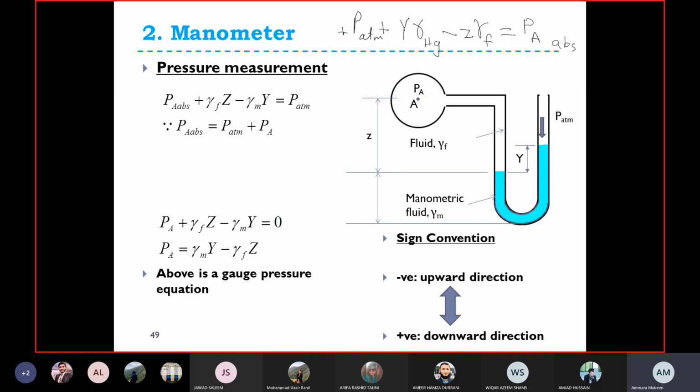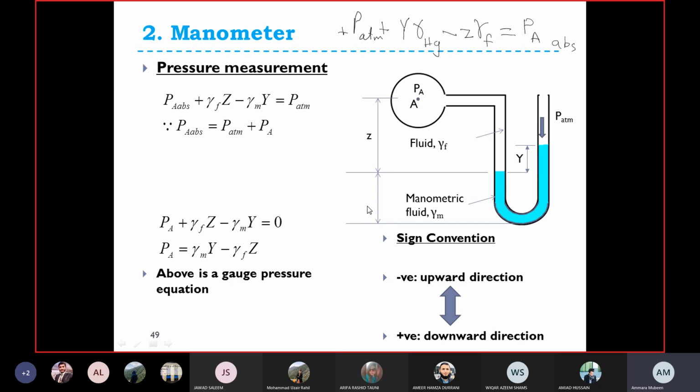So let's check how you would get the pressure at point A when the manometer is attached to it, and due to that pressure at point A, the fluid will move downward in one tube and rise in the other tube. So we need to decide about the sign convention.